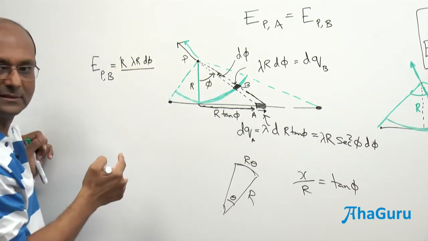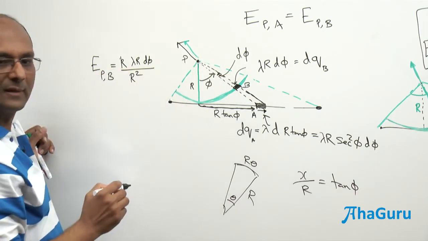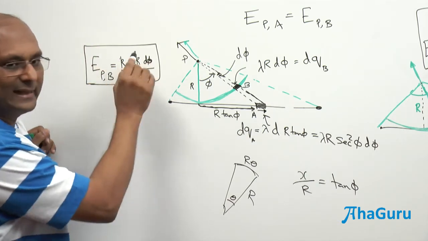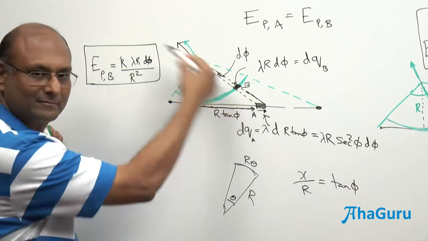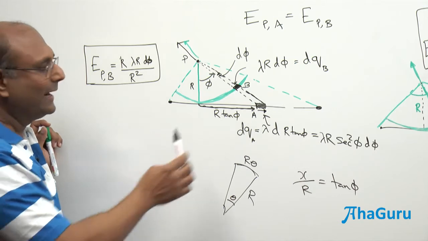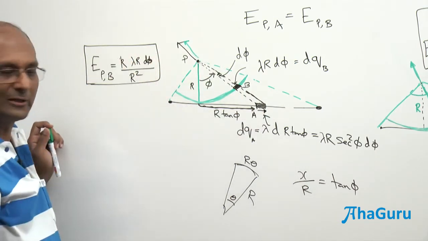What is that distance? R. So it is r square. So you see, this had no sine theta, cos theta, cos phi, nothing there. It is nicely just proportional to d phi. You expect that because this arc length is proportional to d phi, and therefore the charge is proportional to d phi, and therefore you expect the field to be proportional to d phi.